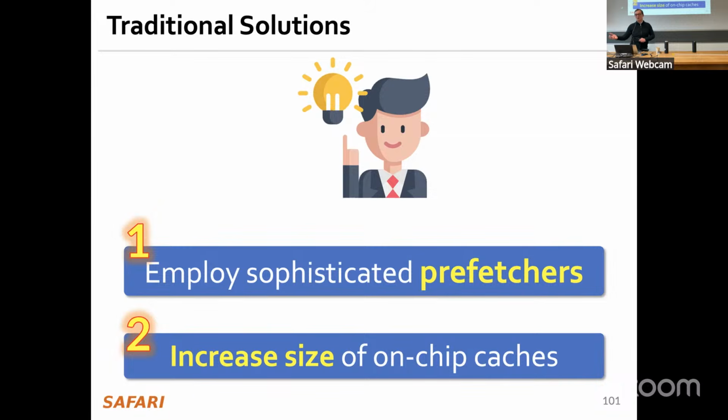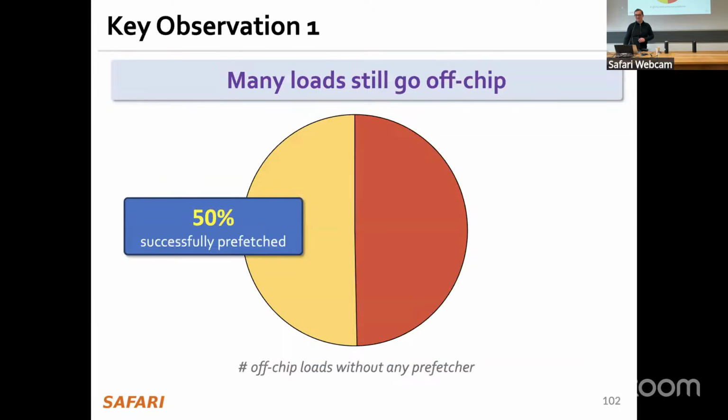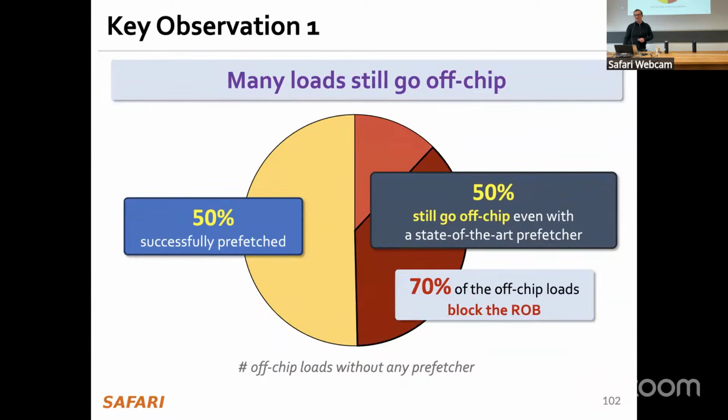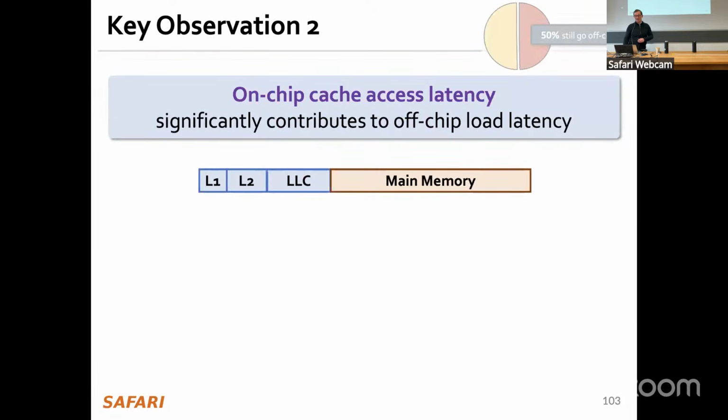That's a not so well-explored area, because you may still need prefetching there, but maybe different kinds. We're still processor-centric in this example, so many loads still go off chip. 50% go off chip even with a state-of-the-art prefetcher, and 70% block the retirement, stalling the processor. So let's take a look at how this access latency is constructed.